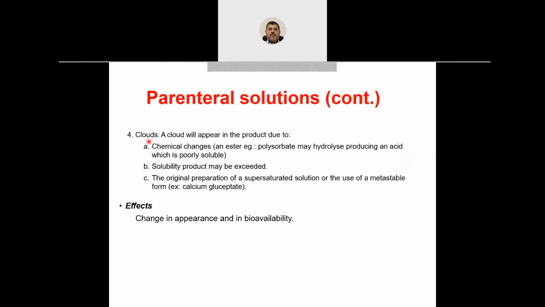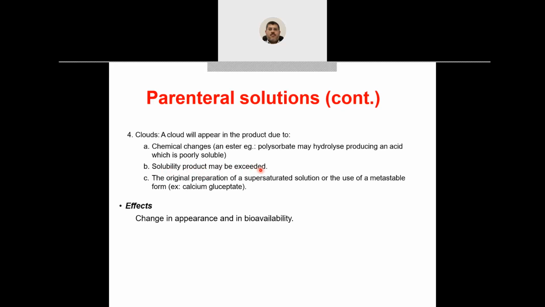There may also be clouds, meaning a cloudy appearance of the solution. Instead of a clear solution, there may be some very fine precipitate that makes the appearance look cloudy. It will occur due to chemical changes. For example, polysorbates in the solution may form an acid which is poorly soluble.